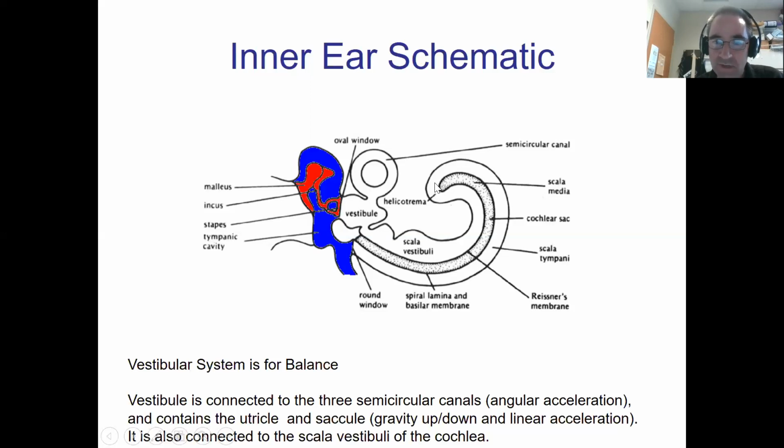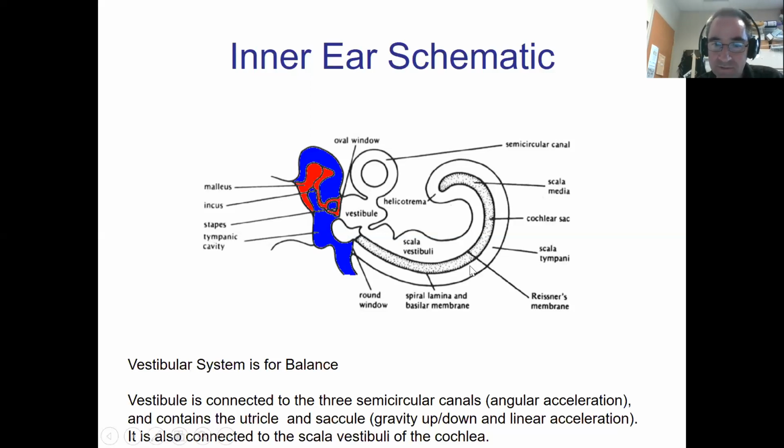And in the bone, there's a hole here that connects those two cavities, scala vestibuli and scala tympani, together right up at the top of the spiral. That connection where the fluid spaces connect is called the helicotrema. We can see down here that scala vestibuli, at the base nearest the middle ear, is terminated by the oval window, right?